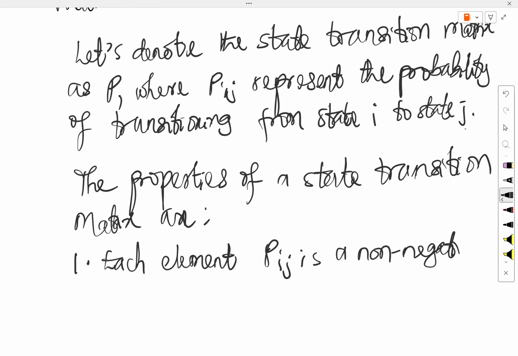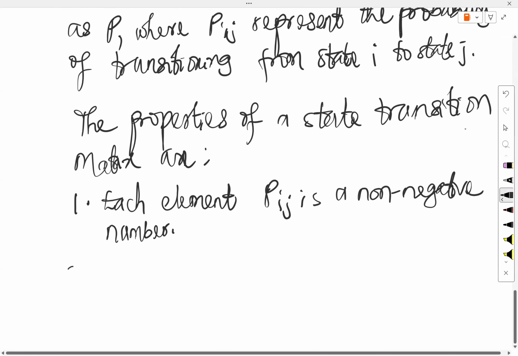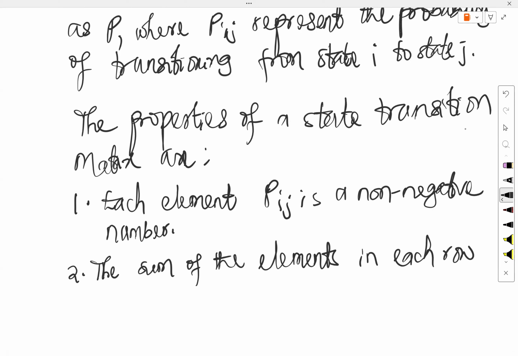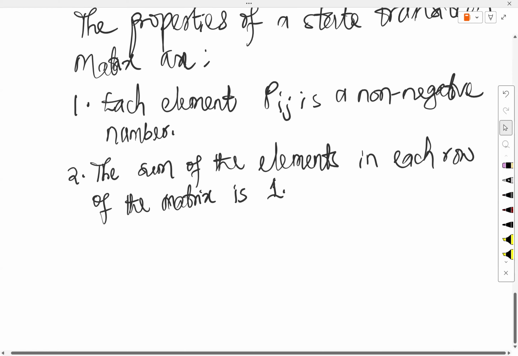And then the other part is the sum of the elements in each row of the matrix is actually 1. So when you sum up things in a row, you actually get 1.